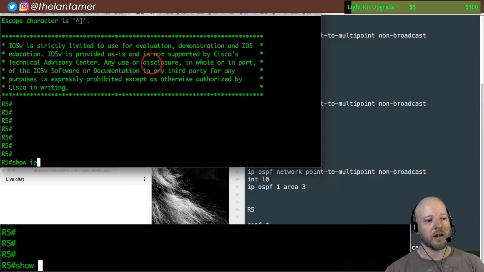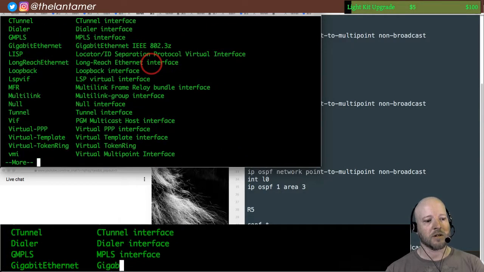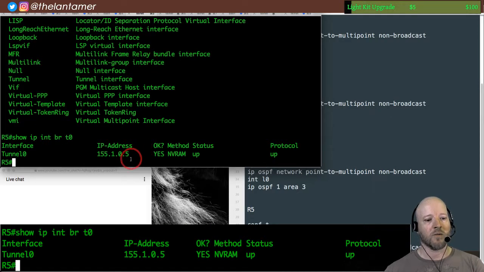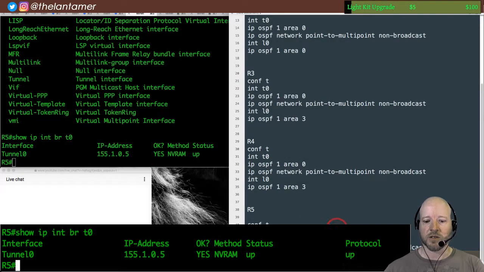Show IP interface brief. Tunnel 0. Okay, 155.1.0.5. So network 155.1.0.5, area 0.